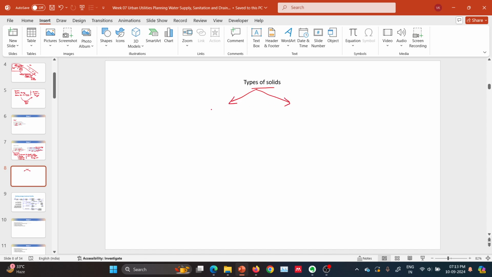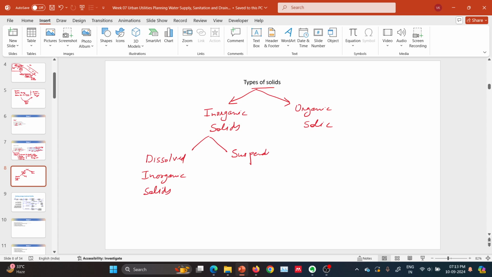These are inorganic solids and organic solids. These solids can be divided into two parts. Inorganic solids can be dissolved or suspended.